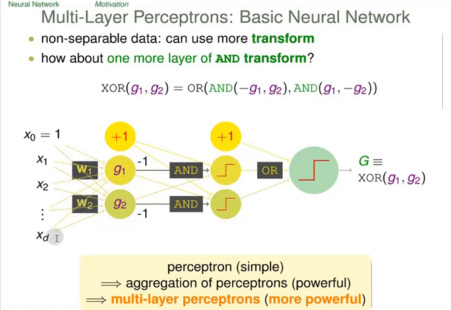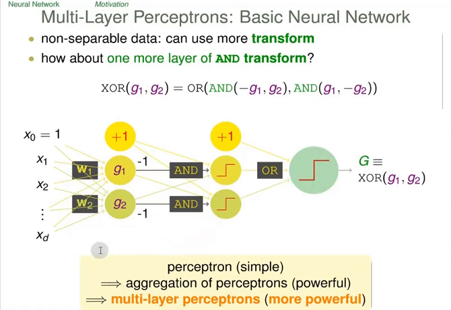Okay, this leftmost layer is not usually counted as a layer. It's just called input. So in this example, there are 3 layers. First layer, second layer, third layer. 2 hidden layers with 3 nodes, 1, 2, 3 nodes, and 1 output layer with 1 node.